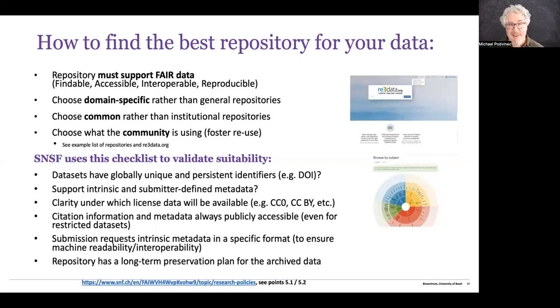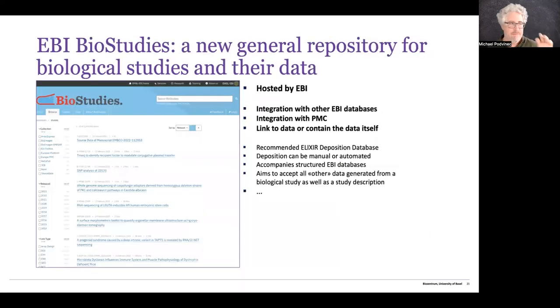This is great. The downside is, since it is so general purpose, the metadata that you're providing to go with your data mostly has to be provided in terms of a text file. So there are very few ways of structuring metadata in relation to other data sets. Something I would like to popularize here a little bit is that the EBI has recently launched a general purpose repository, but for the life sciences.